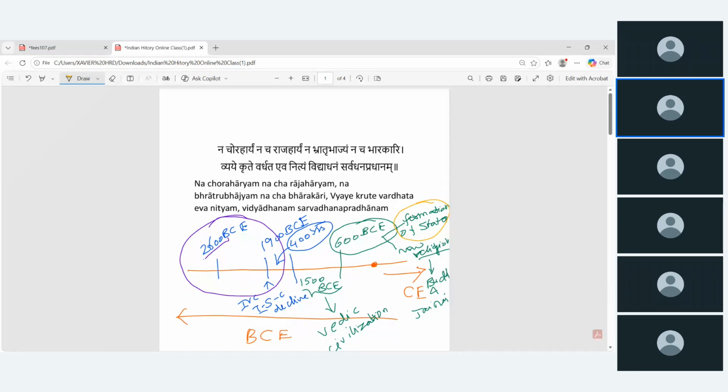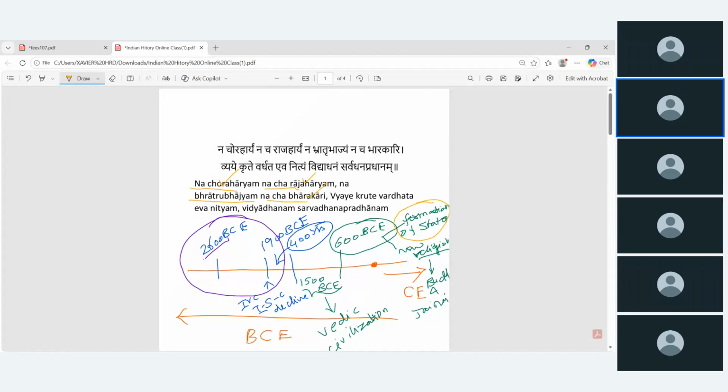Those who know Sanskrit can read it: na chorharyam, na cha rajaharyam. The king cannot take it away, the thief cannot steal it, and brothers cannot divide it. It is not difficult to carry.